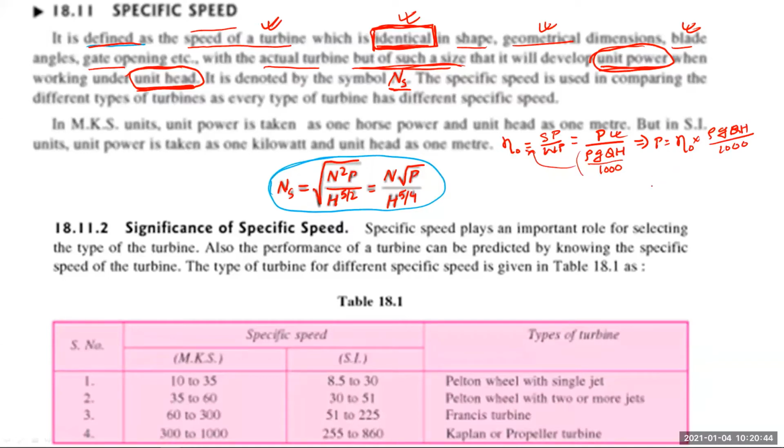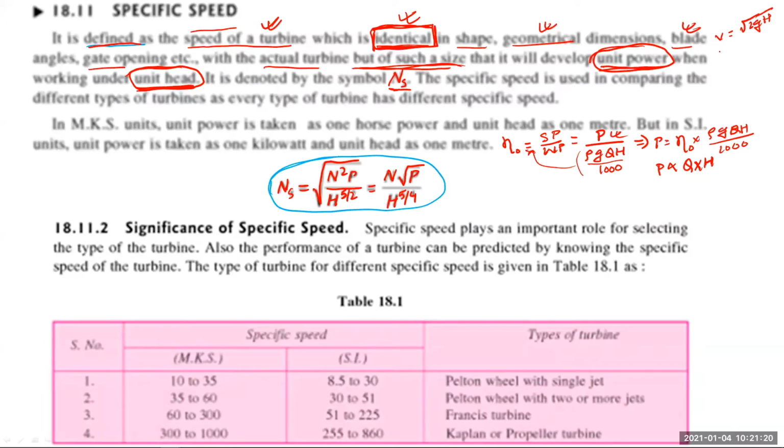Now here what you can observe, this P term is directly proportional to Q and H, since rho is constant, g is constant, and Q and H are varying here. Let me write the multiplication symbol. Now, if you remember, your V was given by root under 2gH.